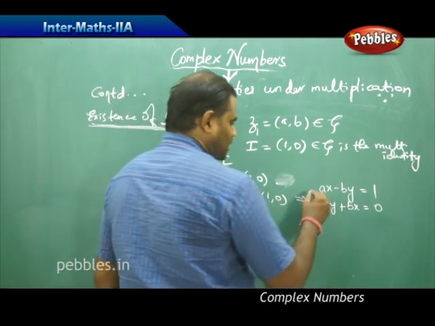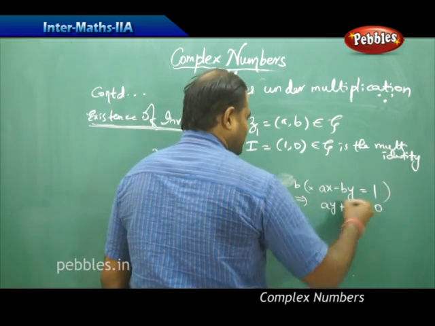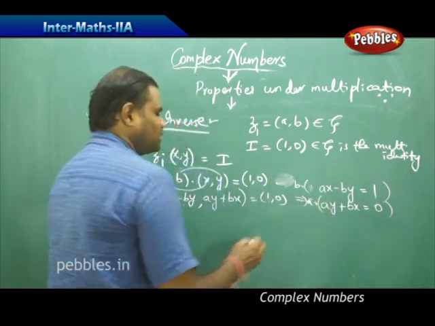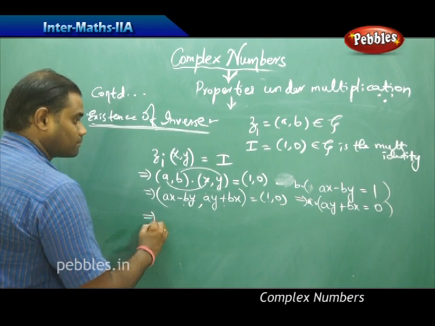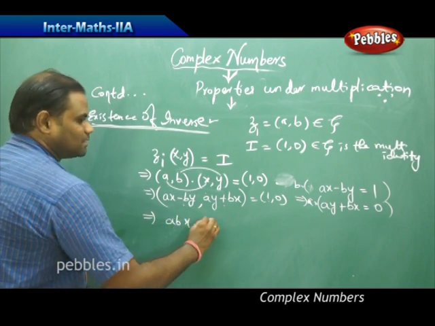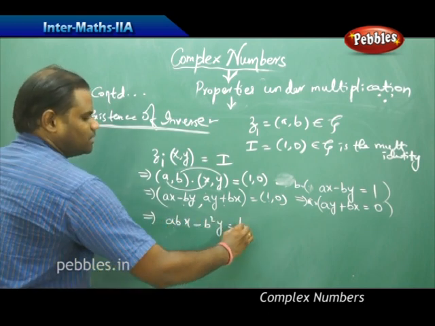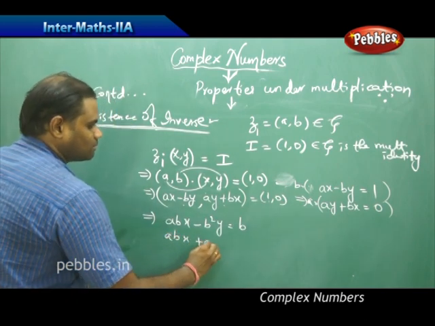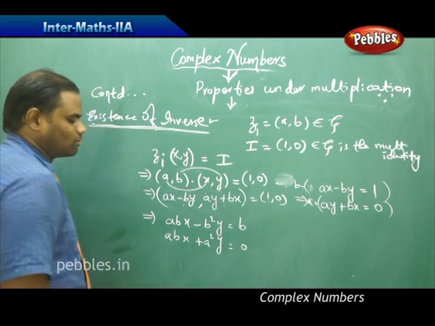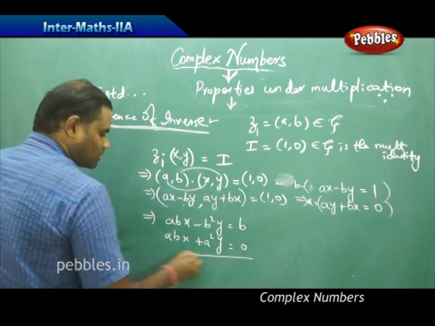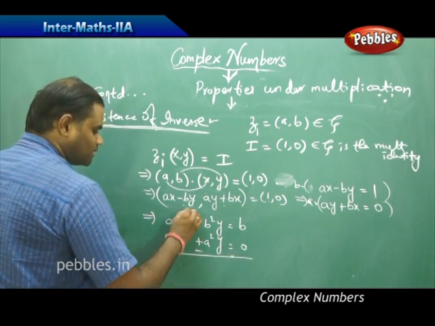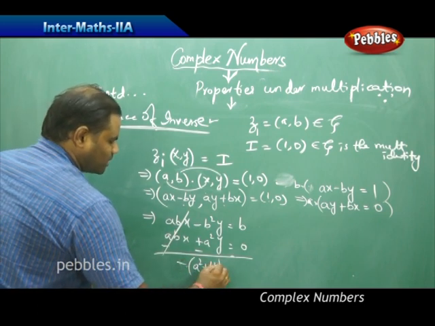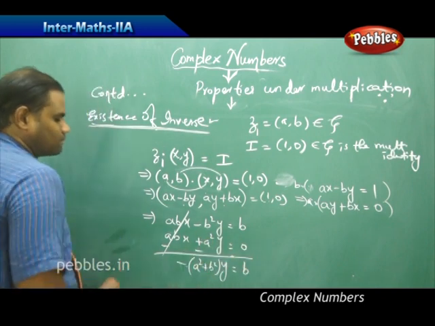So in this case, I multiply with b, and then this I multiply with a, so that my modified equations will be abx minus b square y equal to b, and then abx plus a square y equal to 0 is what we get, which on simplification through subtraction gets minus of a square plus b square of y equal to b.